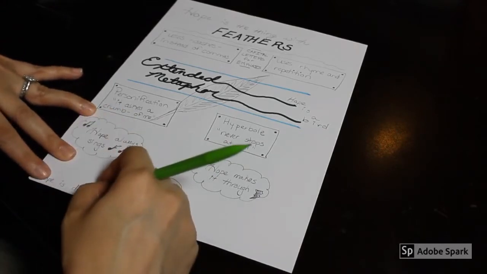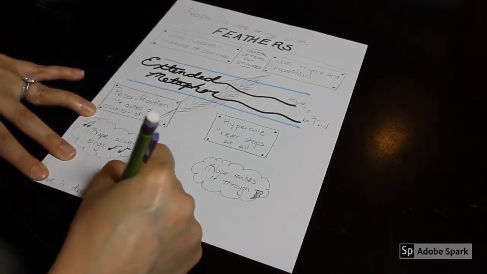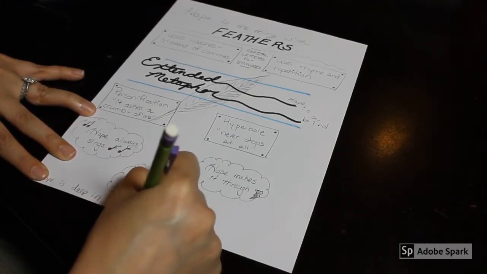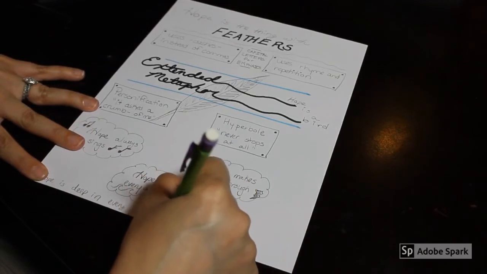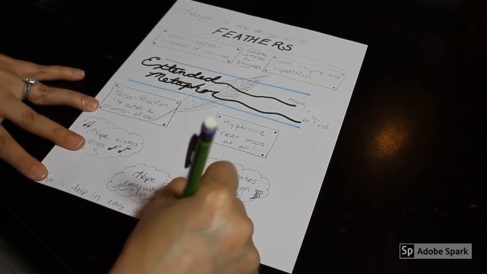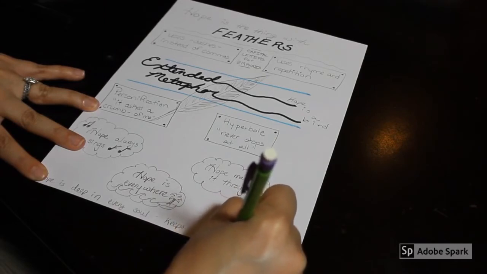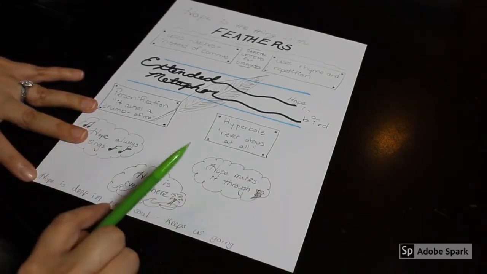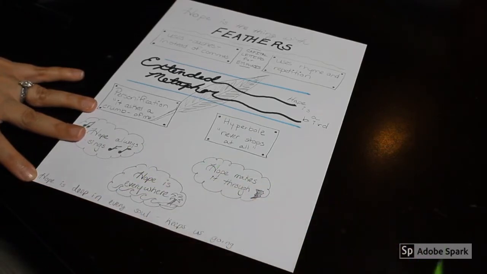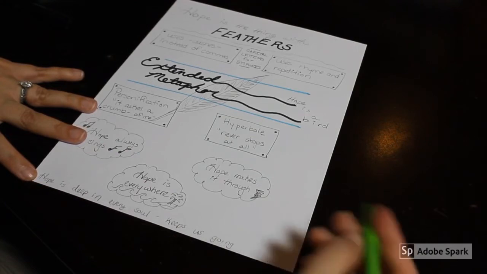Oh, not is. This is why we do it in pencil. Deep in. So I'm going to add in hope is deep in every soul and it keeps us going. Just because I feel like that's kind of the message of the poem.